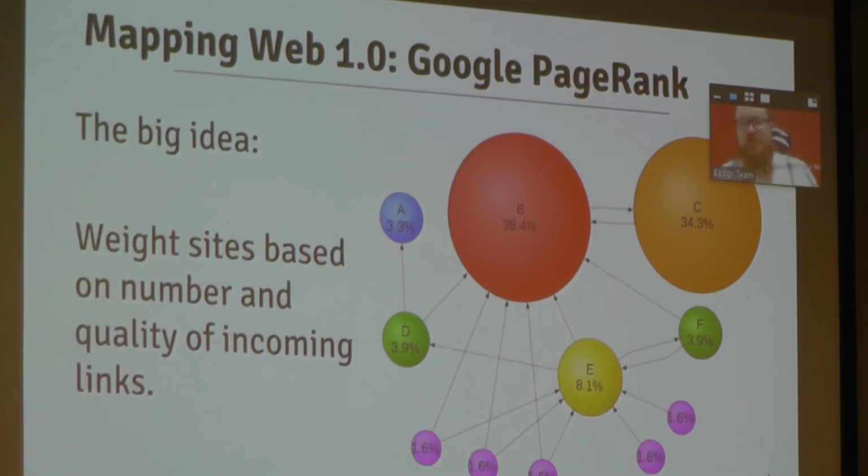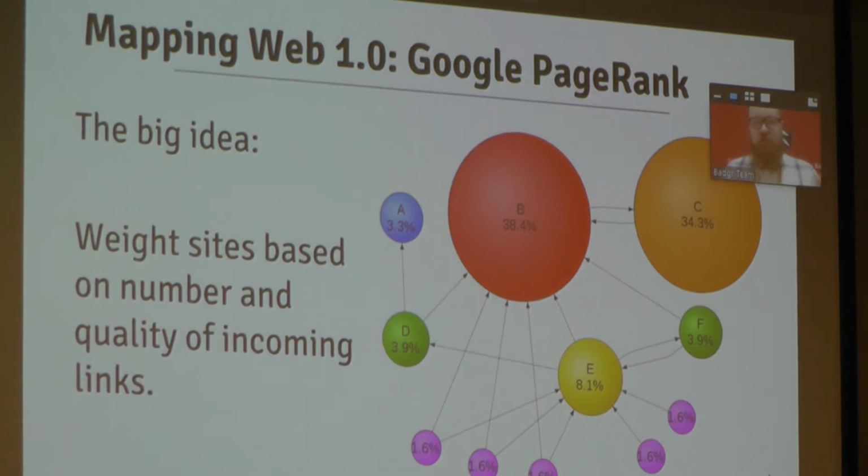We can use that as a trust input when we are talking about who trusts this web page to be worth it. So the big idea with PageRank was that you weight the site based on the quality and the number of the incoming links.